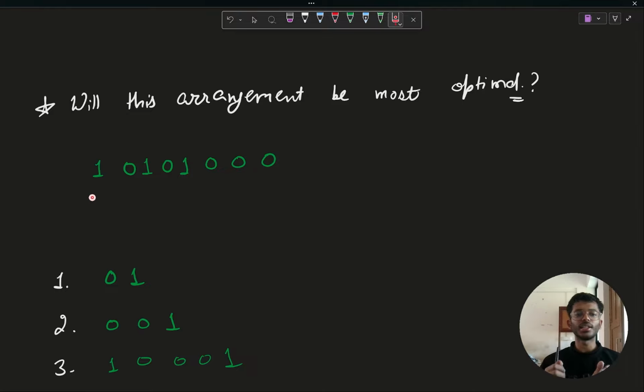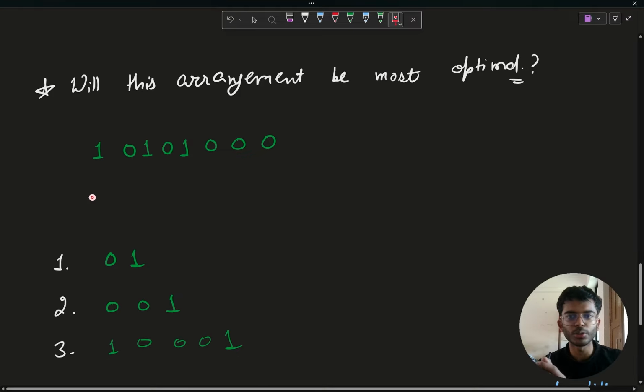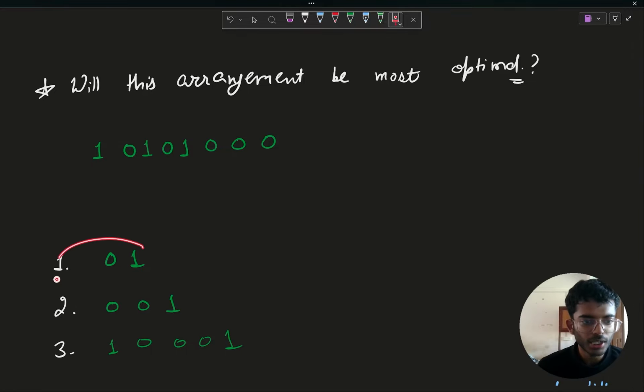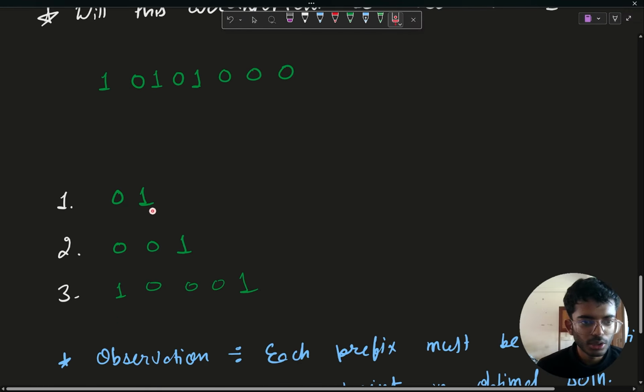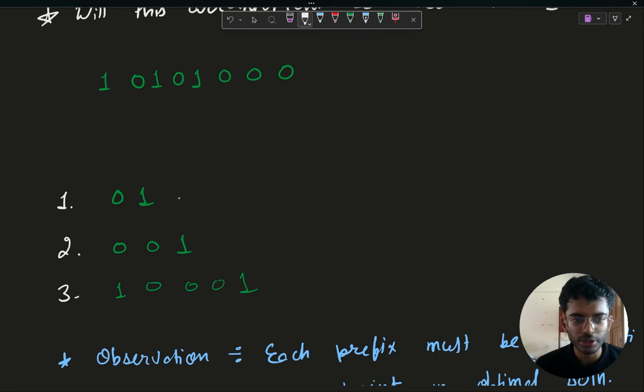So how can we find the minimum number of operations for the most optimal solution? So let's just see a few small cases to understand the problem better. So let's say we have 0 1, something like this, right? Do we have to bring this one to the beginning? Obviously we have to in an optimal solution, right?